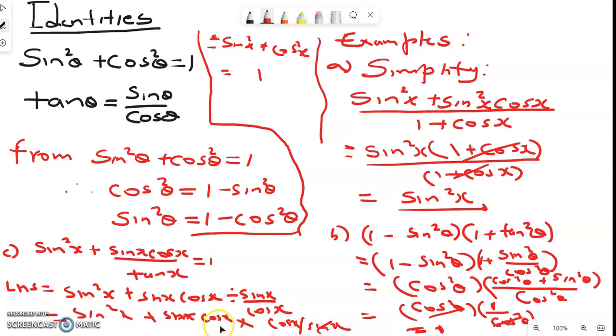Now we are left with cos x multiplied by cos x. Then we continued here. So now we have sine square x plus cos square x, which is a square identity that is equal to 1. Thank you.